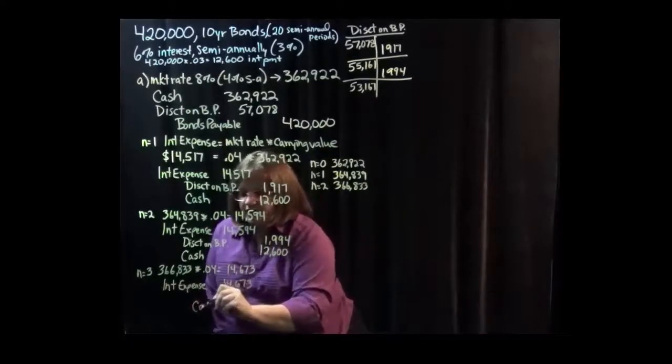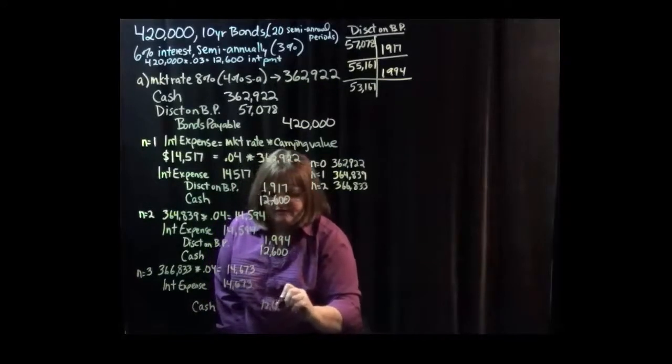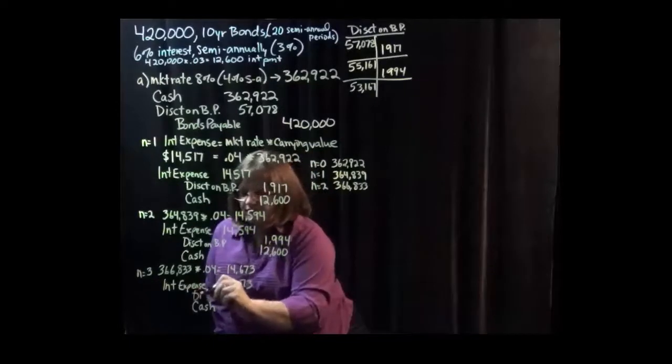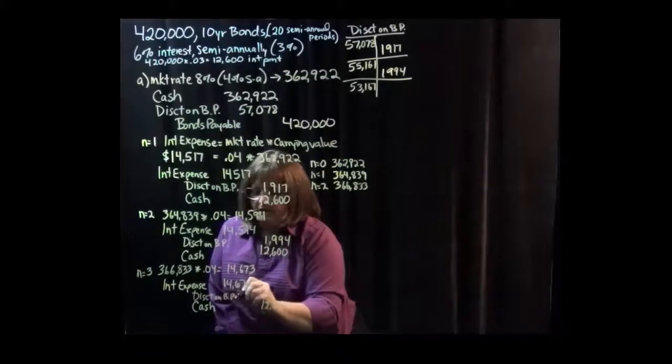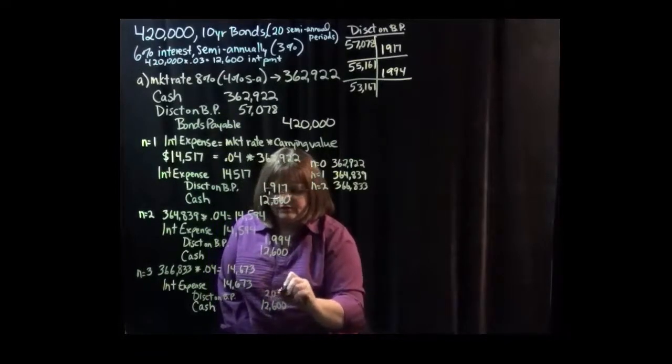We're still going to credit cash for the amount that we pay every time based on the face of our bond certificates. And the difference is going to be credited to the discount on bond payable. And in this case, the difference is going to be $2,073.